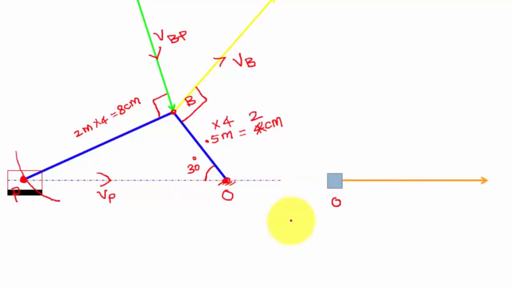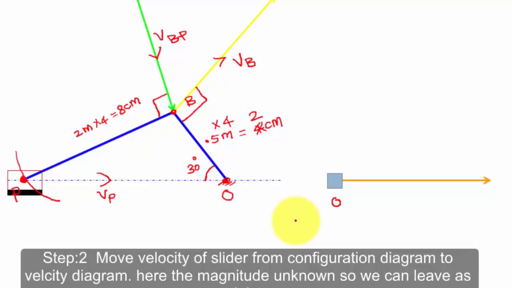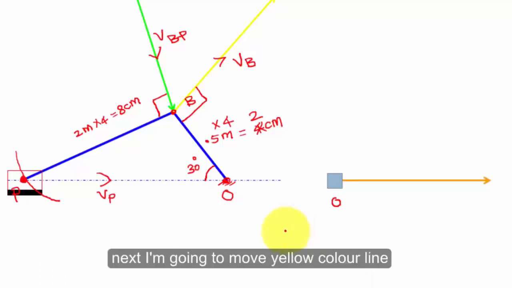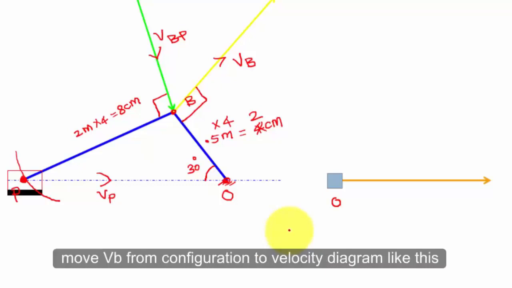Move the velocity of slider from the configuration diagram to the velocity diagram. Here the magnitude is unknown, so we can leave it as it is. Next, I am going to move the yellow color line. Move VB from the configuration to the velocity diagram like this.